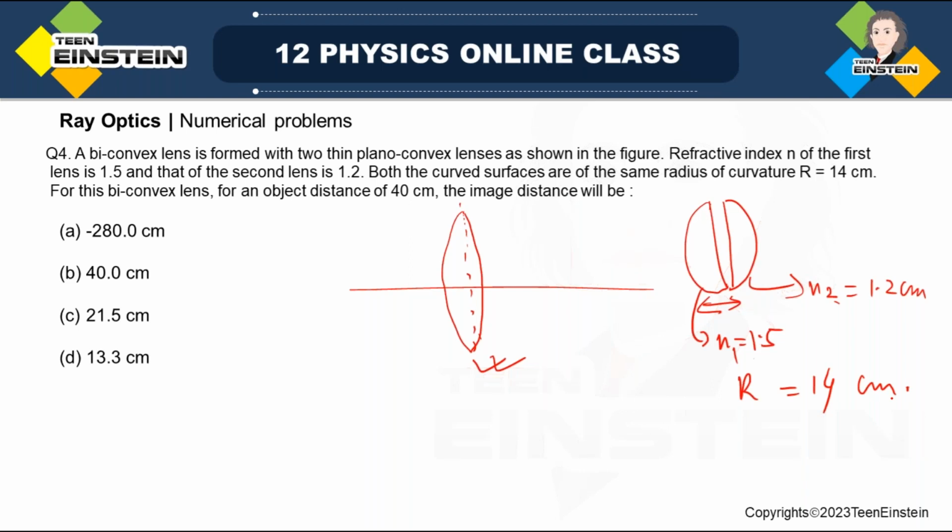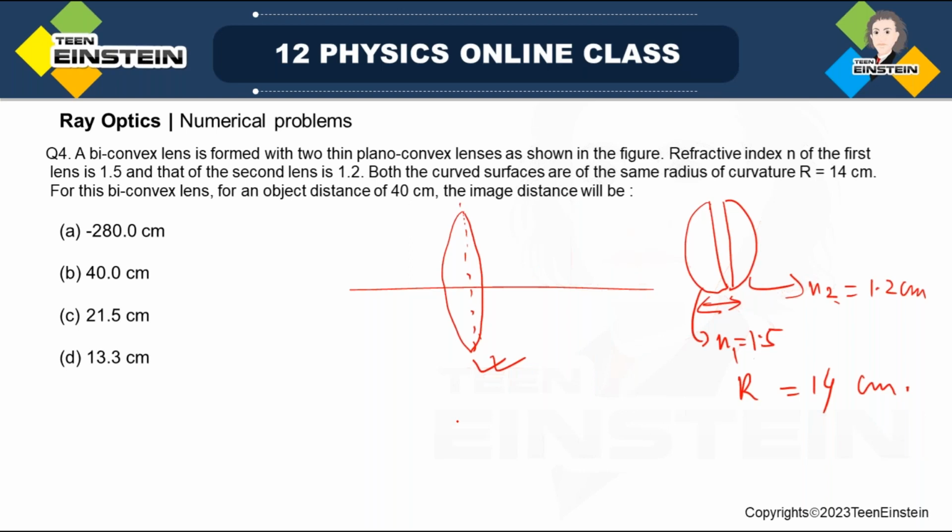For this biconvex lens, for an object distance 40 centimeter, the image distance will be, so you have got a lens in combination. It is actually formed by the combination of these two planar convex lenses. So you need to find out what will be the focal length of this lens formed by two planar convex lenses.